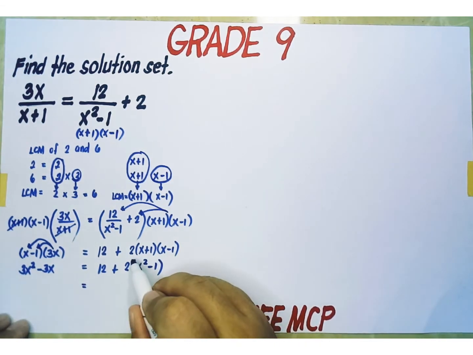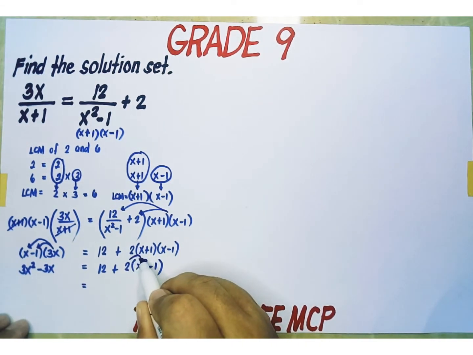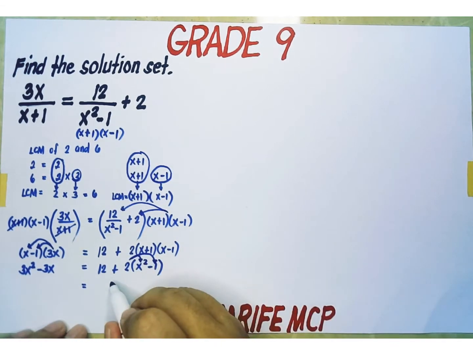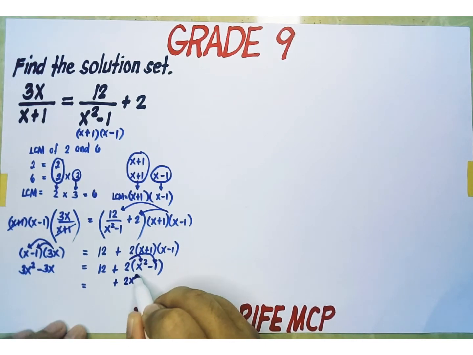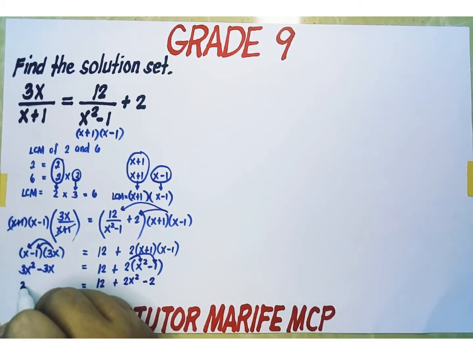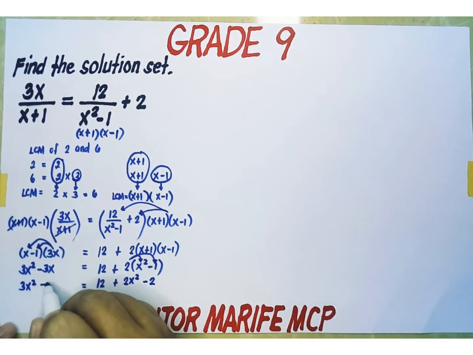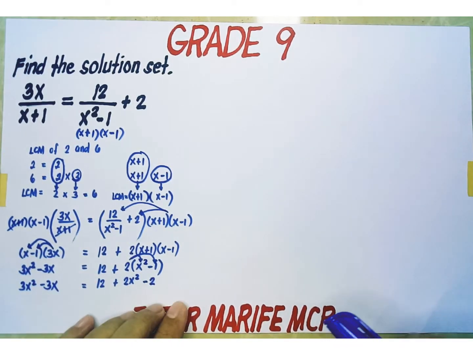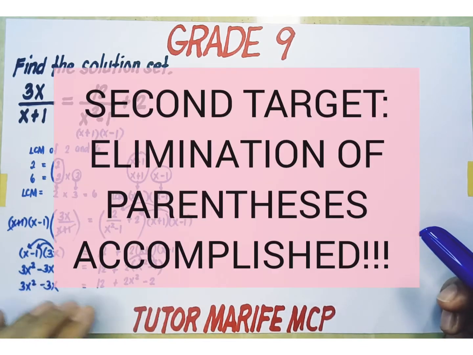And then we distribute to each of the term inside the parenthesis. 2 times x squared is 2x squared. 2 times negative 1 is negative 2. Okay, so eliminated na ang parenthesis.